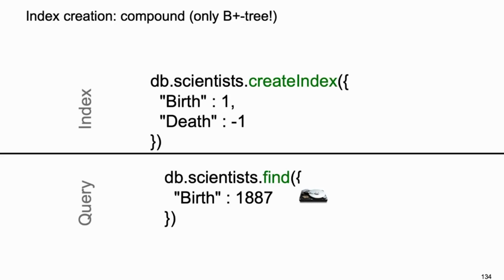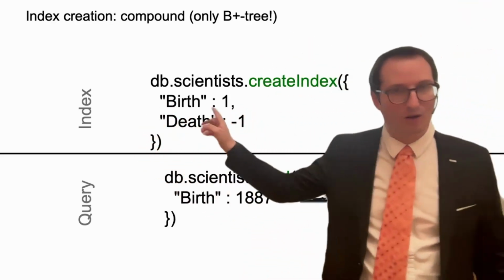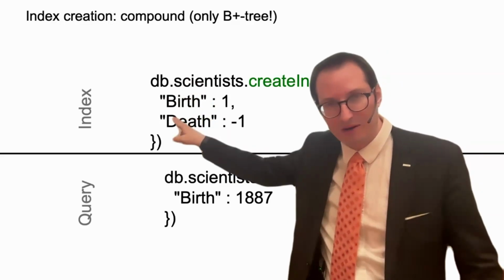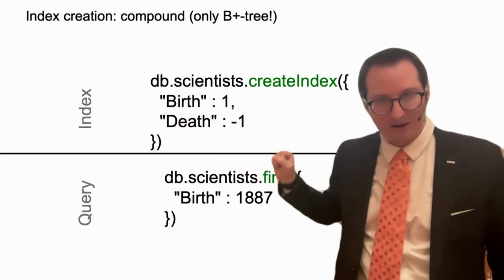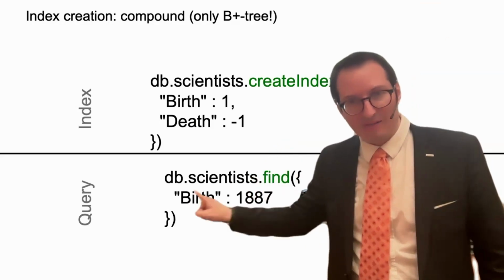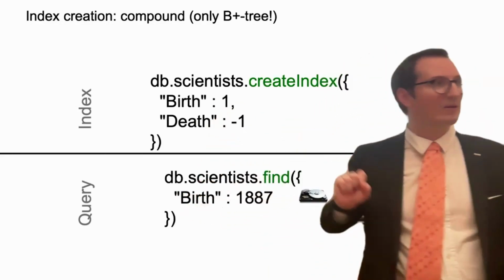Now it becomes a bit, requires a bit of thinking. Maybe I can finish on that. Imagine I have a compound key in my tree index. The first key is birth, so all ordered by birth, and then for the same birth year, ordered by death year of my scientists. Do you agree that this query can use the index even though it only uses birth?